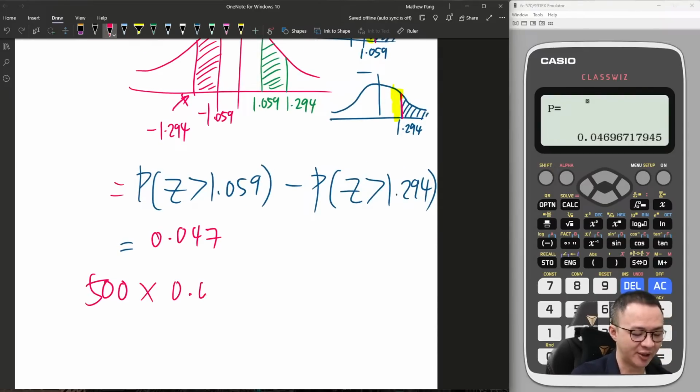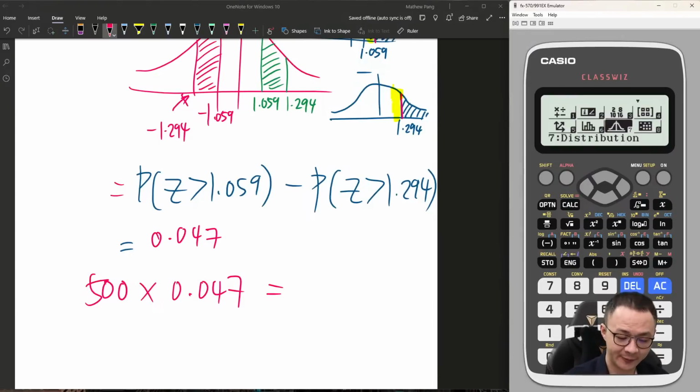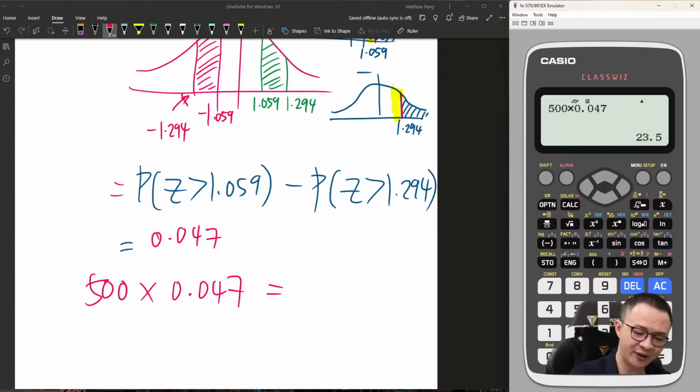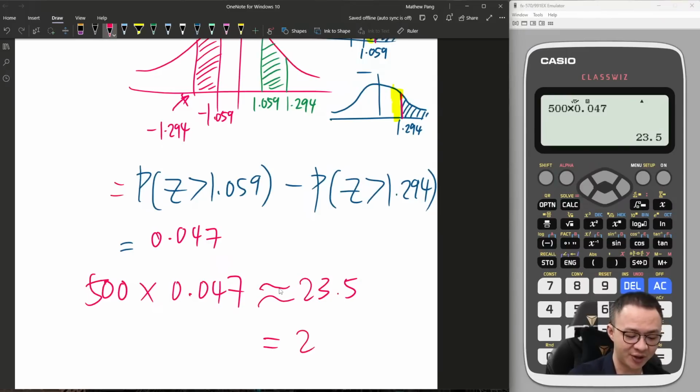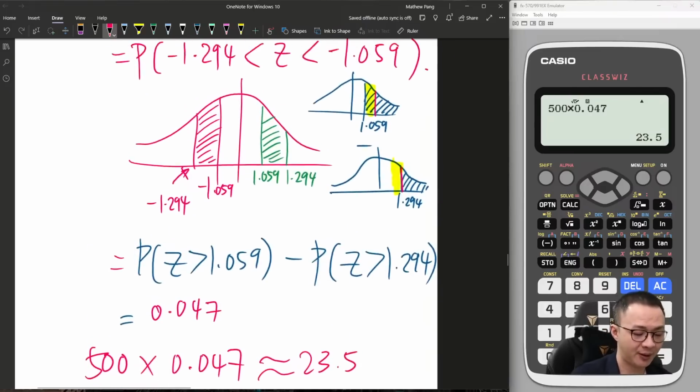So I'm going to multiply 500 by 0.047. So we know how many students are aged between 18 to 21. We have about 23.5, so I would say about 24 people, rounded off.